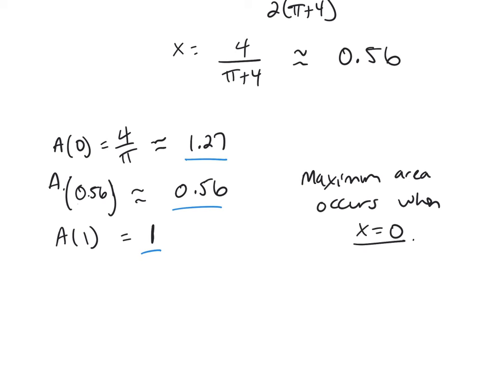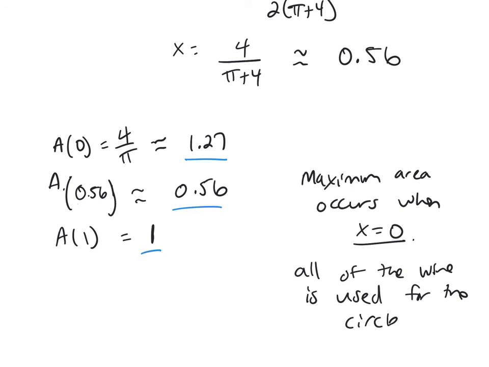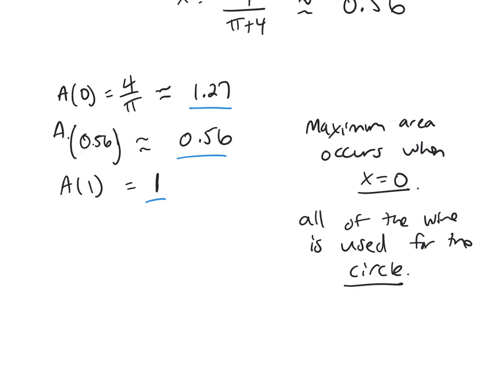So that means all of the wire is used for the circle. If we want to maximize our total area, we should use all of the wire to make the circle and use none of it to make the square.